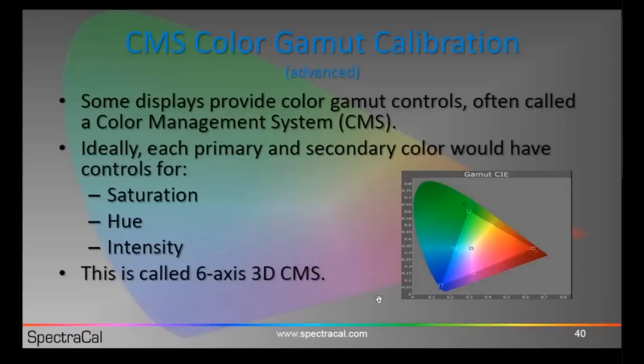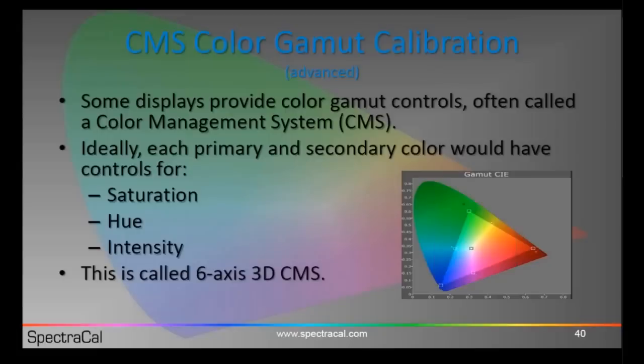Color gamut calibration, as indicated, is something that is beyond discussion for today, an advanced topic. This would be the final step in our quality levels of improvement, kind of the icing on the cake.